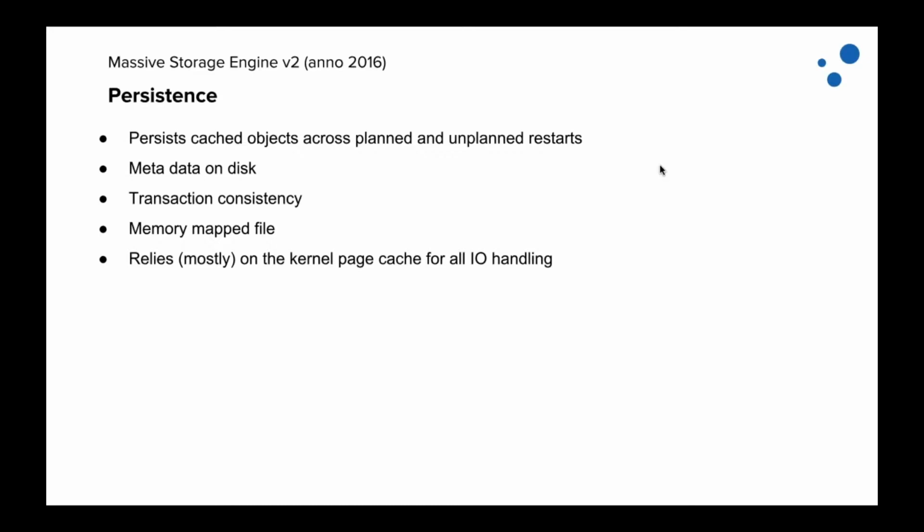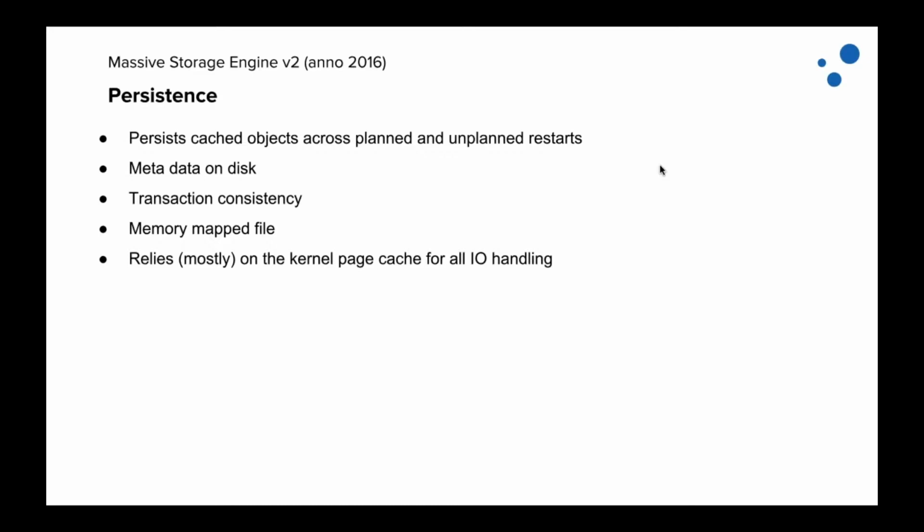And just as importantly, transaction consistency. We didn't want to start serving half of a fetched object in the belief that, oh yeah, we have this object already, this is safe for delivery. So transactions had to be there both for new objects coming into the cache, but also when it came to cache invalidation.